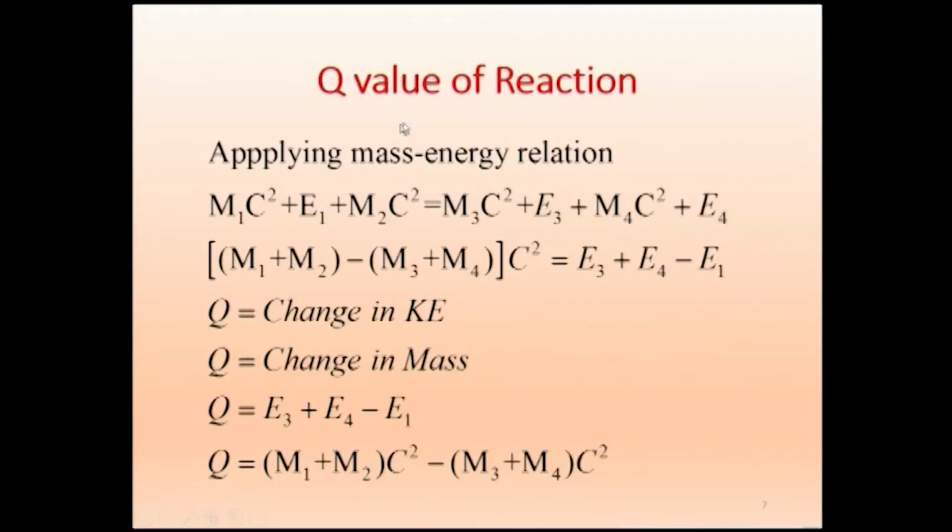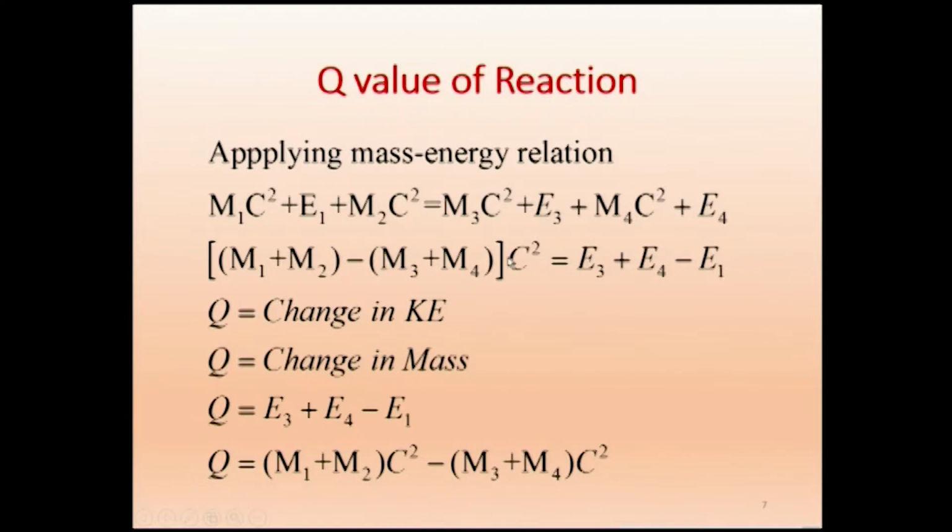After the reaction, the outgoing particle will have kinetic energy, and this heavy nucleus will also have kinetic energy because of the recoil. It is like a bullet and gun. Bullet goes with a larger velocity, that is a light particle, but the gun is initially stationary. The gun will have a recoil. Therefore, both will have kinetic energy.